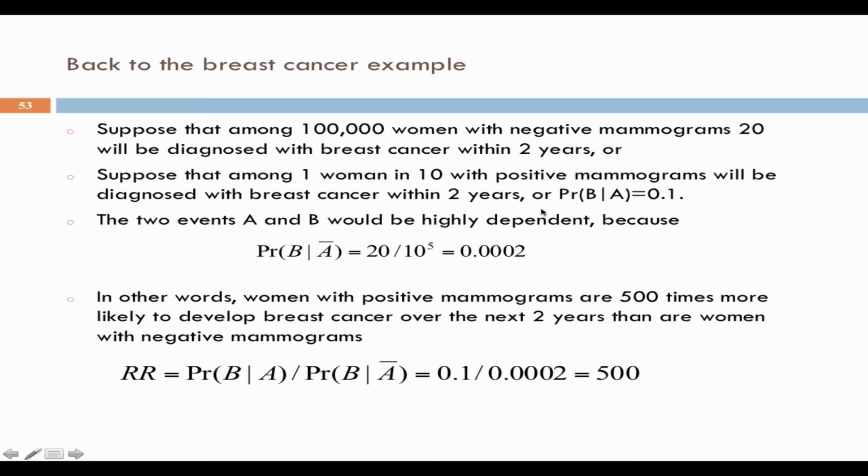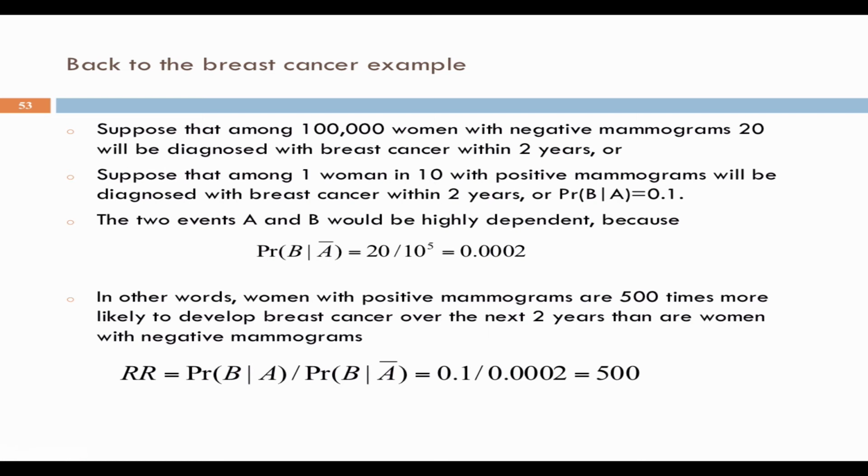On the other hand, if A happens, so if the mammogram is positive, the probability of breast cancer, which is the probability of B conditional on A, is 1 in 10. So that's 0.1.